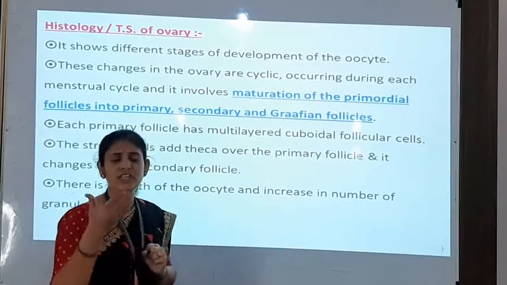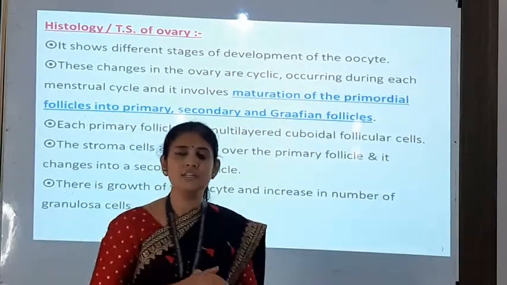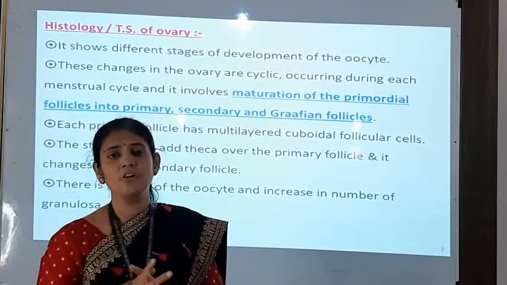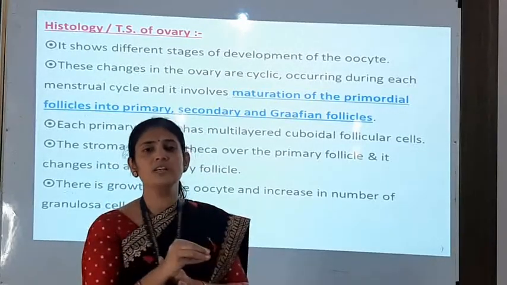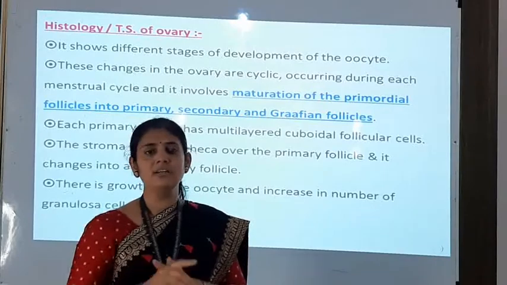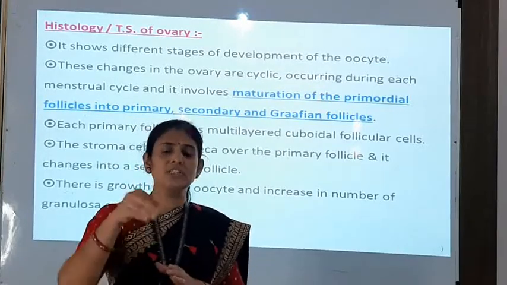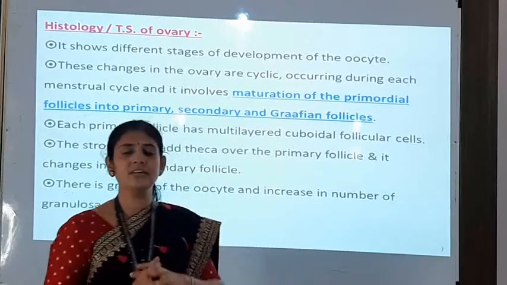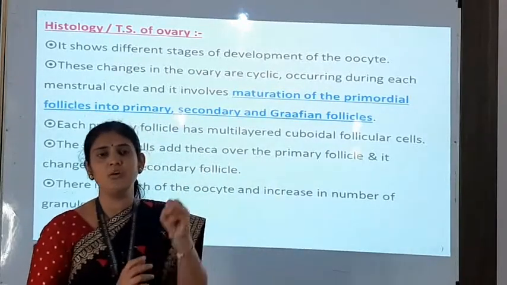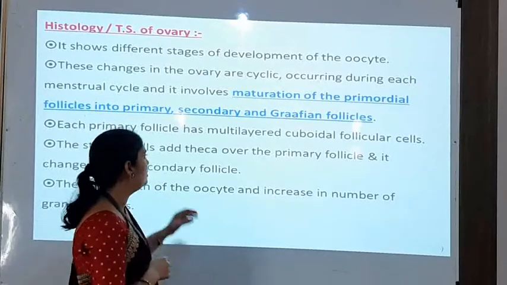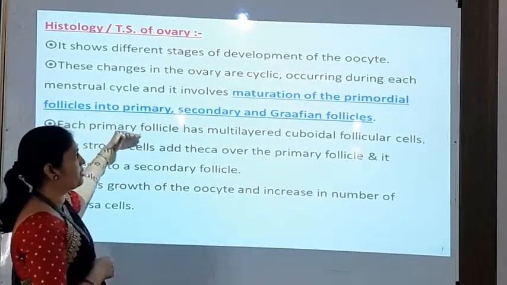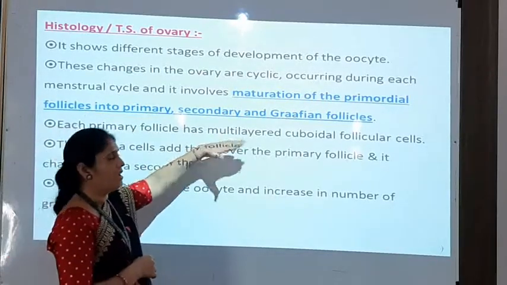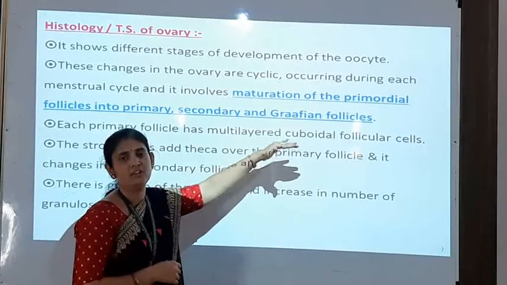So in the TS of ovary we observe some primordial follicles, some secondary follicles and some tertiary follicles which are becoming mature Graafian follicles. Each primordial follicle has multi-layered cuboidal follicular cells.